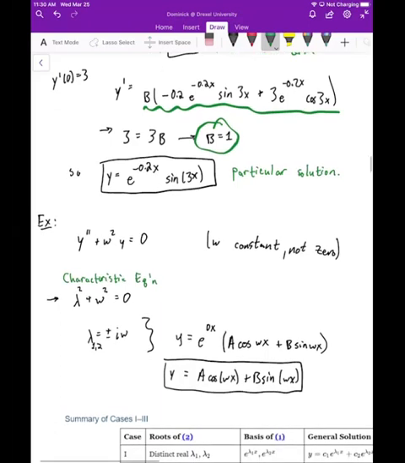And then that indicates right away that your lambda 1 and your lambda 2 are just purely imaginary. It's plus or minus i times omega. So that tells you, since there is no real part, you just get e to the 0, which is 1, so that's essentially going to go away. And in this case, your imaginary part is omega, so you're going to explicitly get this as your general solution.